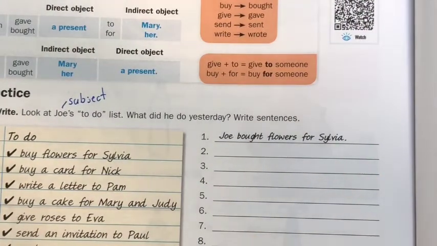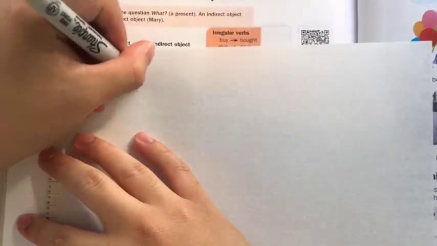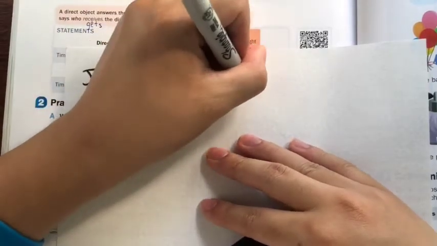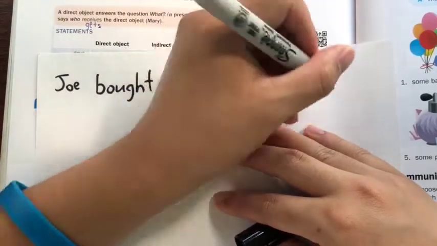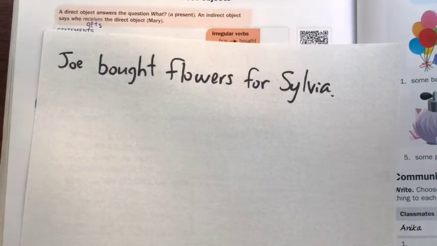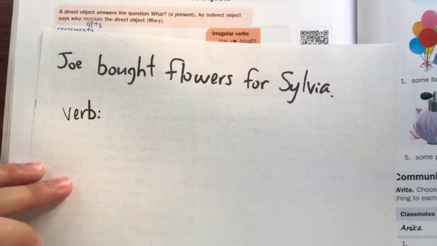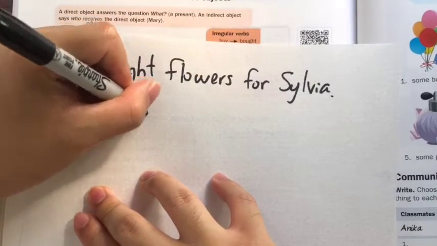Okay, so Joe bought flowers for Sylvia. Joe bought flowers for Sylvia. The verb. What is the verb in this sentence? The verb is bought.